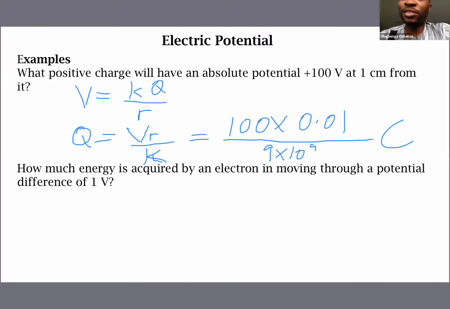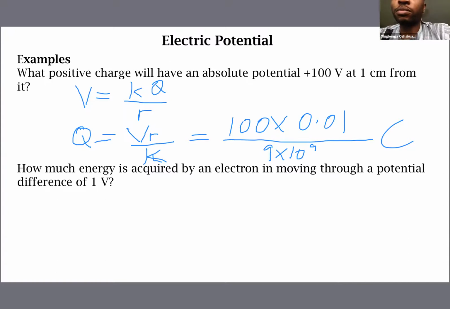In this other example, how much energy is acquired by an electron in moving through a potential difference of 1 volt?